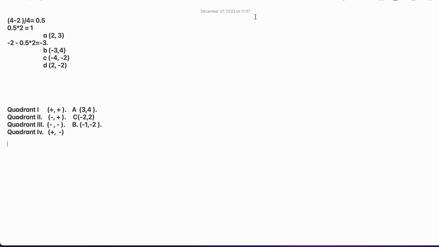It's like here and here. First point, which quadrant is it in? Next point, which quadrant is it in? The third point, the last point, which quadrant is it in?